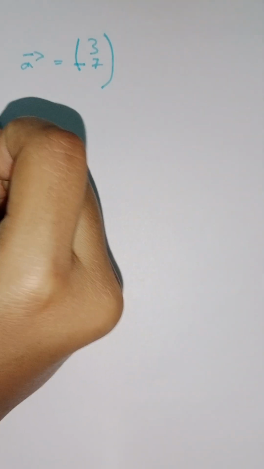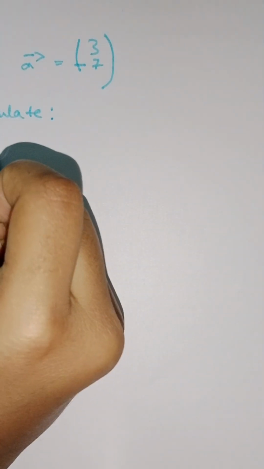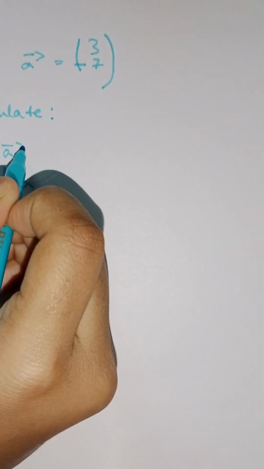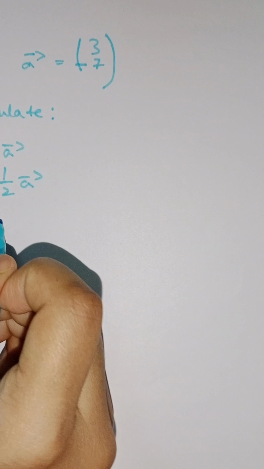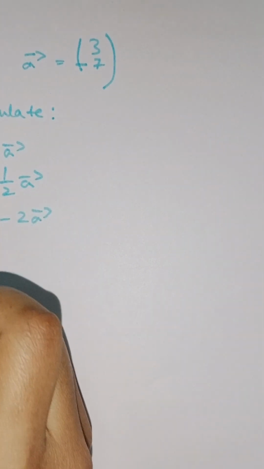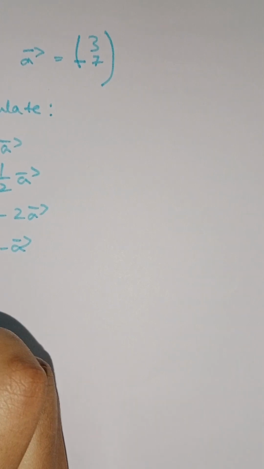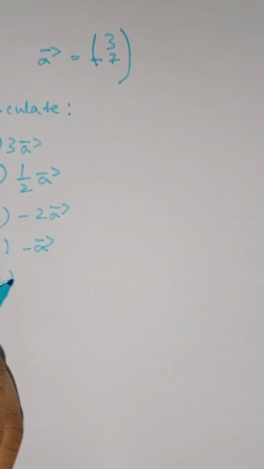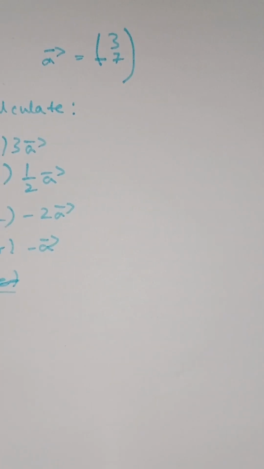Now I have to calculate a bunch of these, which are 3a, half of a, of course, do not forget to write the vector signs, minus 2 vector a, minus vector a, till this much. Now, let us solve one by one each.